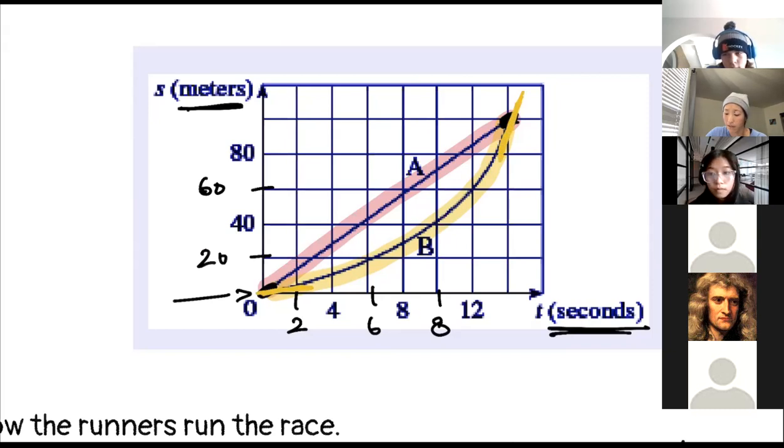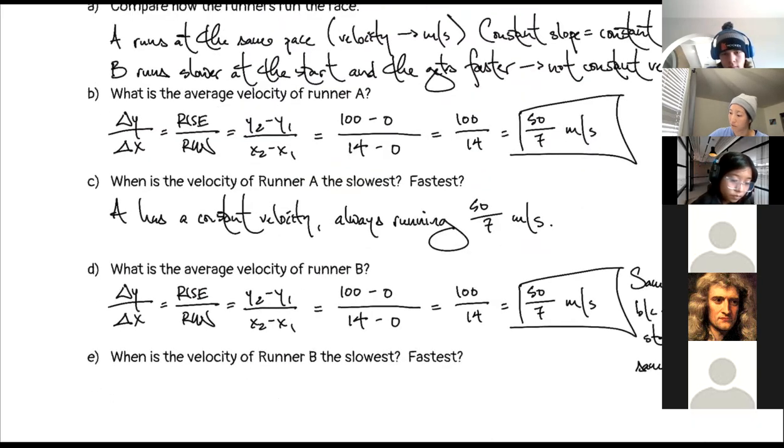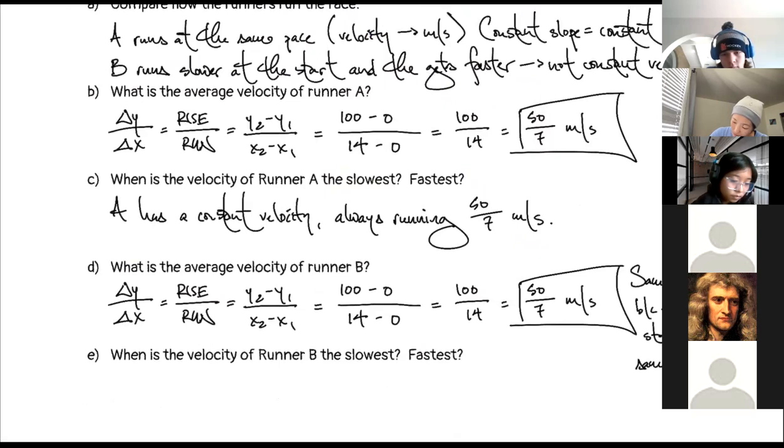Right? And so I think both Graham and Natalia saying sort of at the beginning, runner B starts a little slower. At the end, runner B is running faster is a pretty accurate description. So slowest at the start.